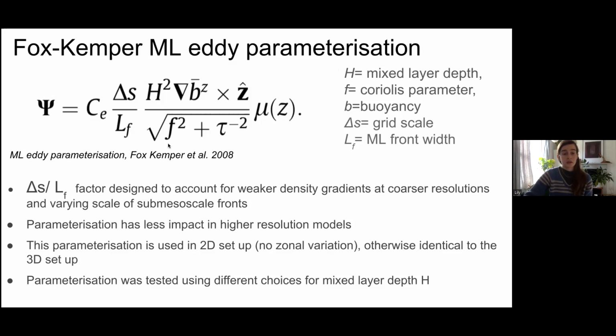And then F is the Coriolis frequency. And then this factor at the front here is essentially, so delta S is the resolution of the model in which this parameterization is being used. And this is designed to basically account for the manifestation of weaker density gradients at coarser resolutions.